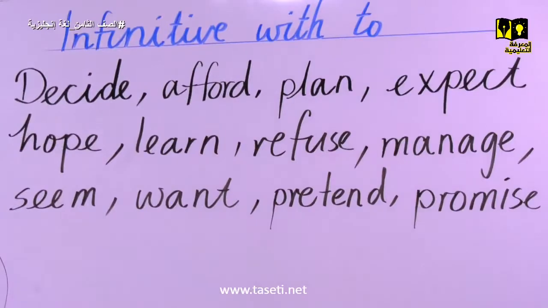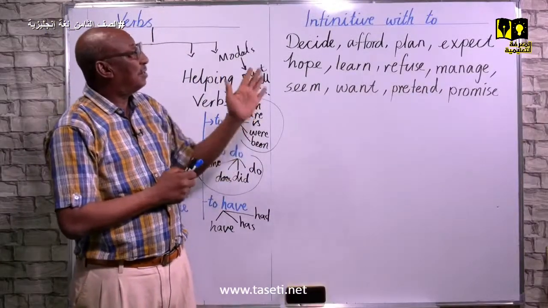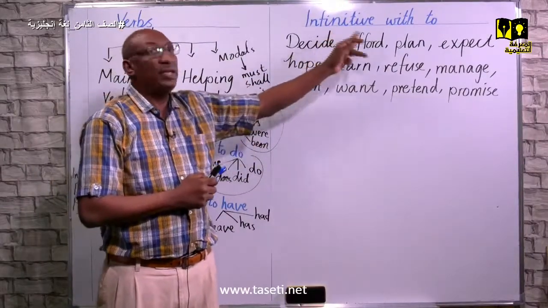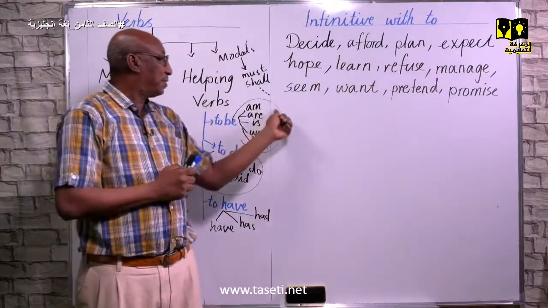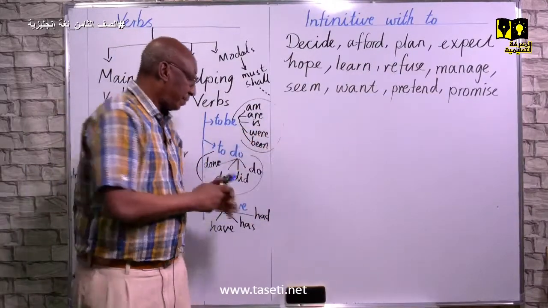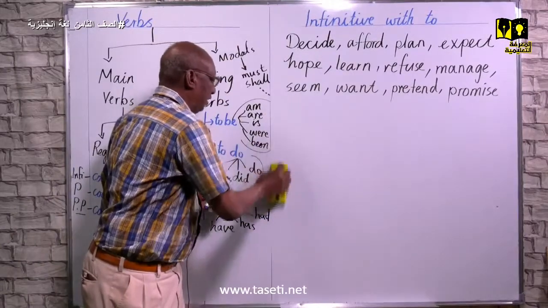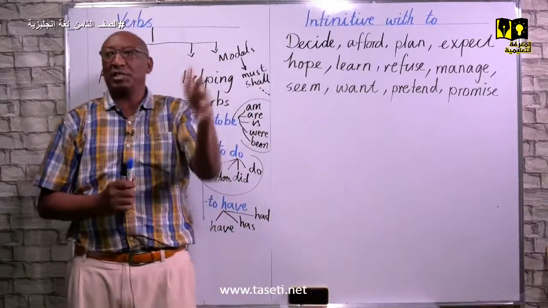Immediately when you find one of these verbs, it must be followed by the infinitive with to. Other verbs can be seen in a sentence followed by the infinitive with to, but after an object.